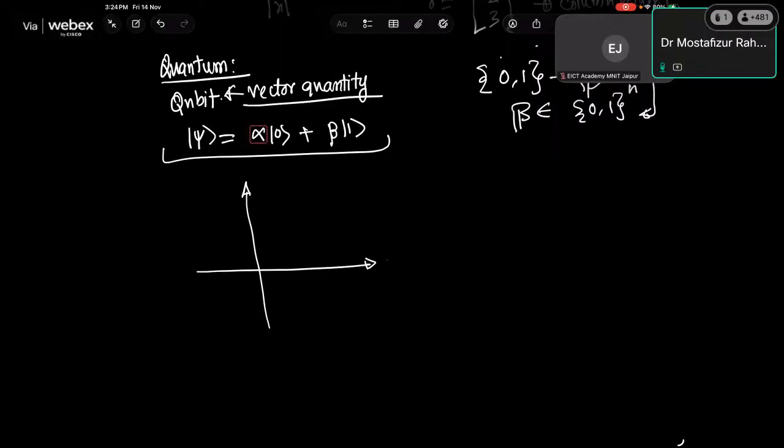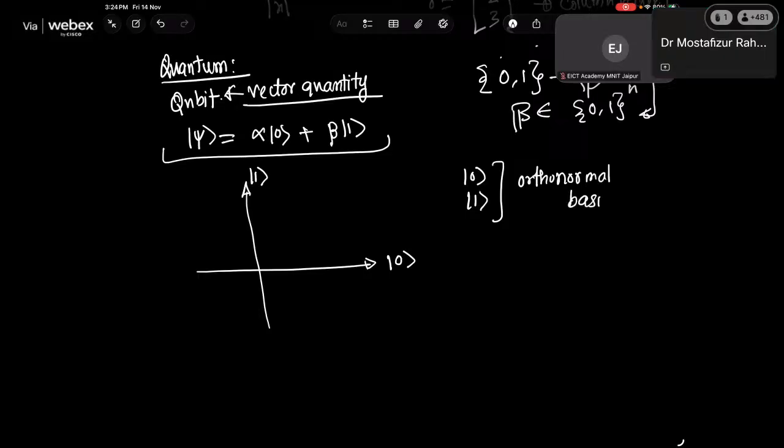Suppose this is my 0 and this is my 1, and this 0 and 1 are basically my orthonormal basis. Next week, I'll define this 0 and 1 in a very different way from probability theory. But today, this 0 and 1 are simply vectors.